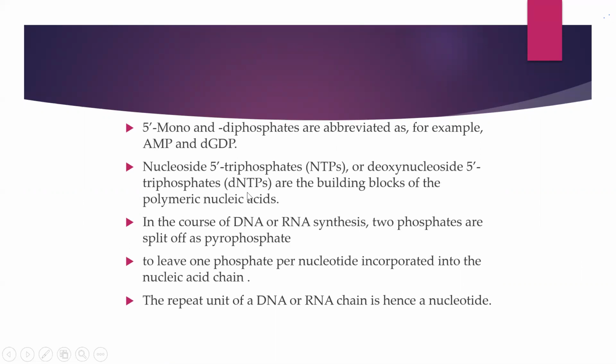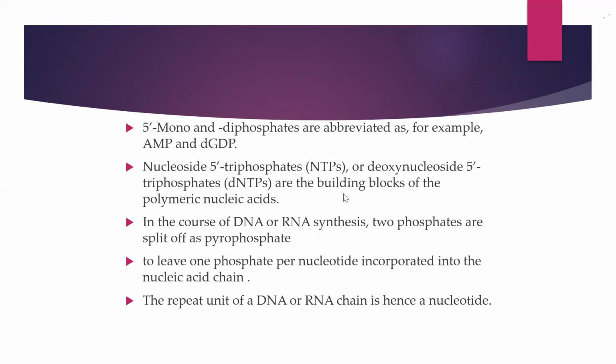In short, we can write them as dNTPs, which means NTPs or dNTPs. They are the building blocks of the polymeric nucleic acids. We all know these nucleic acids are the polymers of nucleotides. So what are these nucleotides? dNTPs in case of DNA, NTPs in case of RNA.